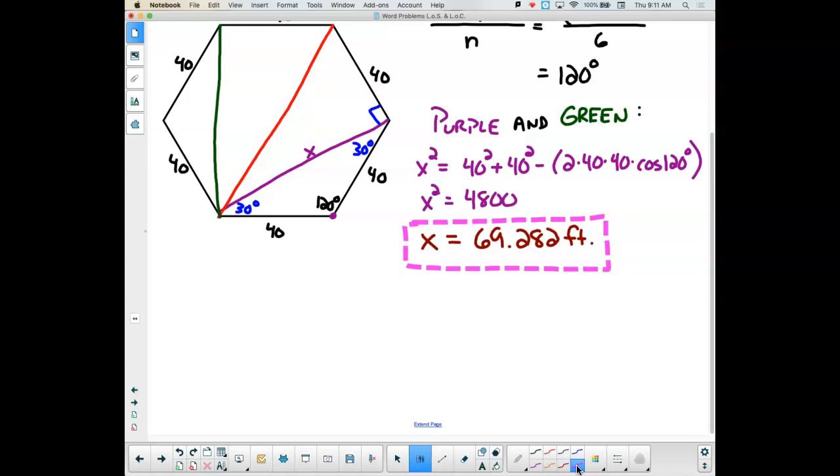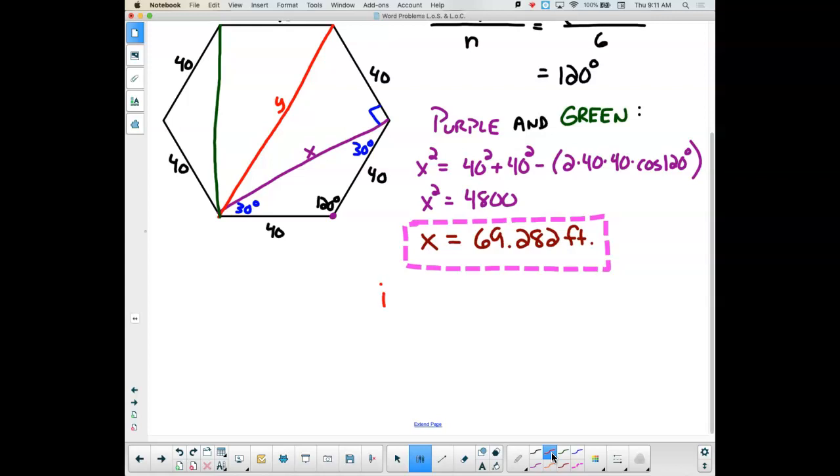So what can we use to find the red y? Even easier. Pythagorean theorem. Because we've got x, we've got black, and we need red.